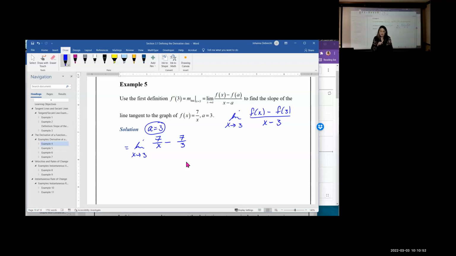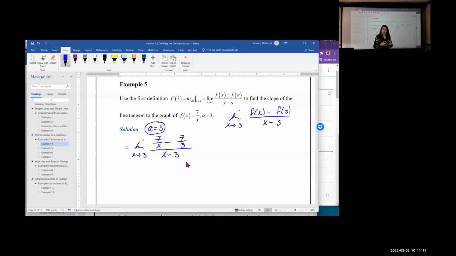So I'm going to have a fraction there. And then the next thing I'm going to have in the denominator is going to be x minus 3.